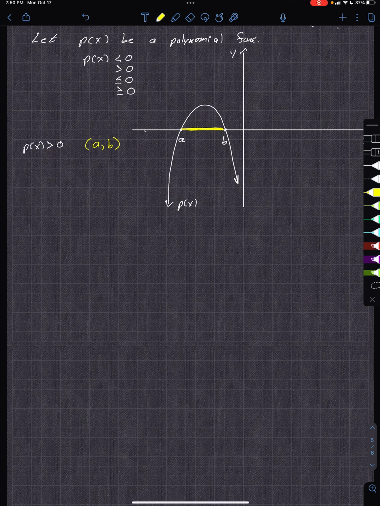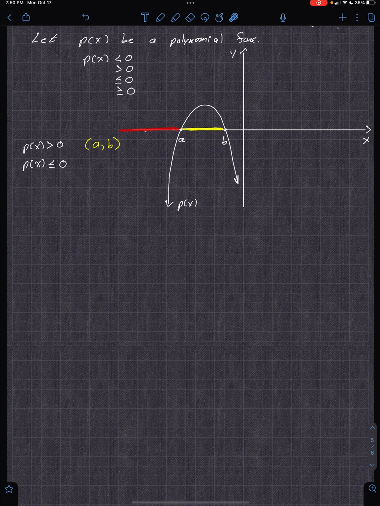Okay, so we could go down the list of all these things. We could ask the question, p of x, let's just do less than or equal to 0. And we'll do them all. Seems kind of a lot to do them all, huh? If it's less than or equal to 0, then what do you get? Less than 0 is below the x-axis, so it's all of these values and all of these values where you plot the graph and you get p of x less than 0. So you go down and over it like that. Do you include the endpoints?